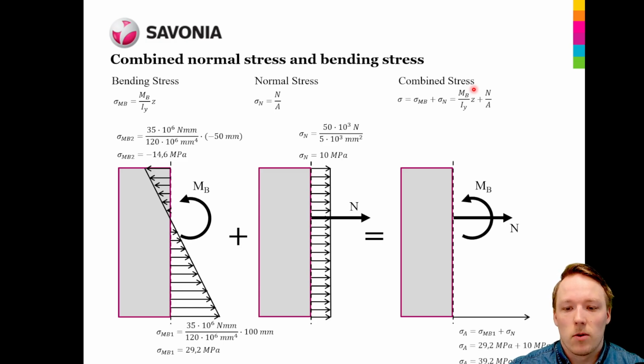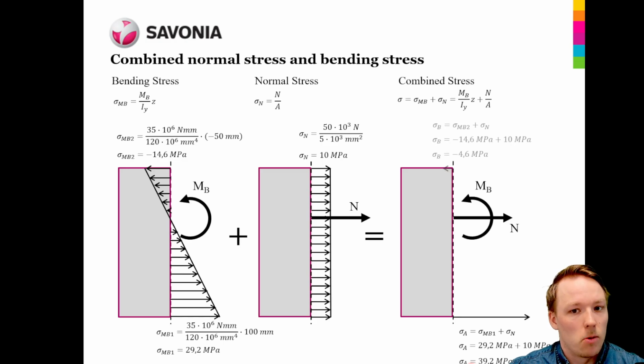Since we have already calculated both of these cases separately, we can simply sum them together. At the bottom of this profile, the bending stress was tensile, a positive value, and also the normal stress was tensile, a positive value, which means that the total tensile stress at the bottom of the profile is 39.2 megapascals.